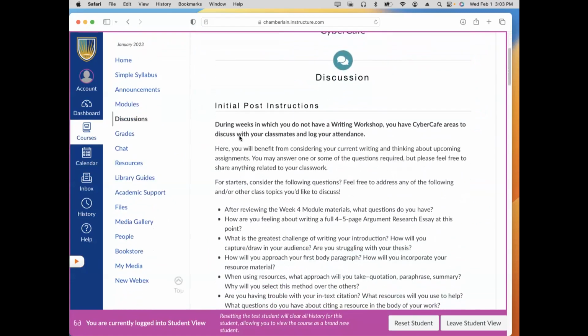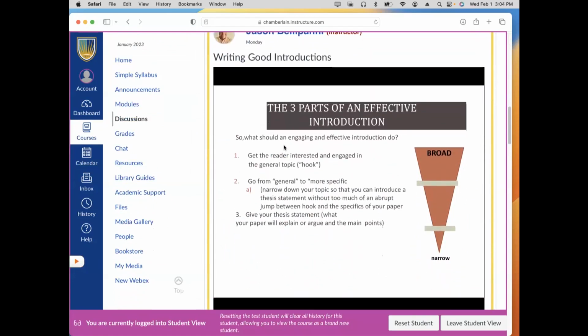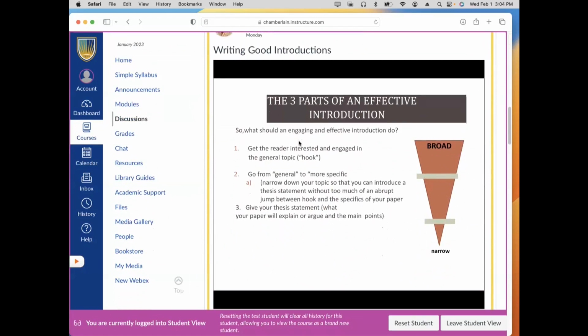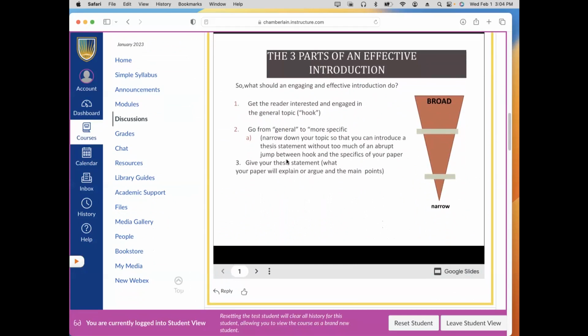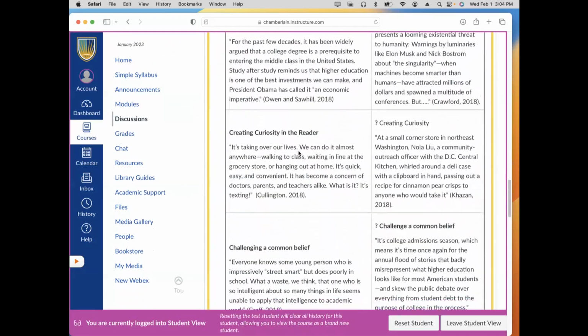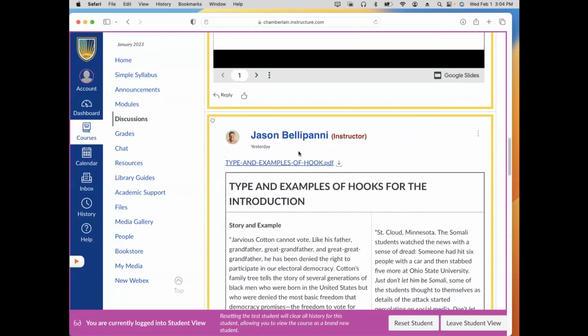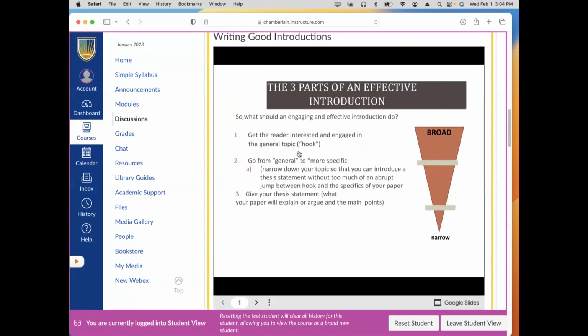In any event, the cyber cafe is where I will be dropping these little bits of information that I made up to help people with this week's work. I have the introduction here, and today I'll probably put in something for the body paragraph and the conclusion.